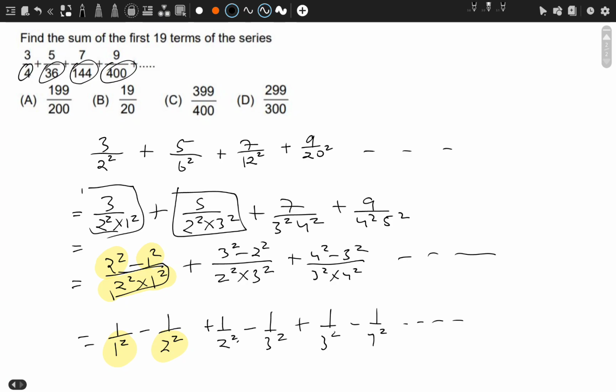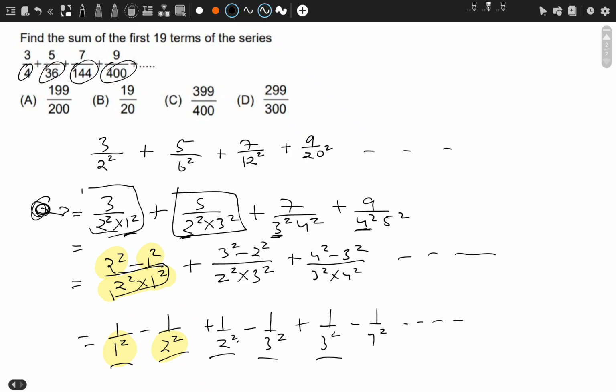Now we have to find till where these terms will go. The 2 will get cancelled out, the 3 will get cancelled out, so till where will this go? We can use the equation from our second step, that this is n square into n plus 1 square, this is n plus 1 square into n plus 2 square.